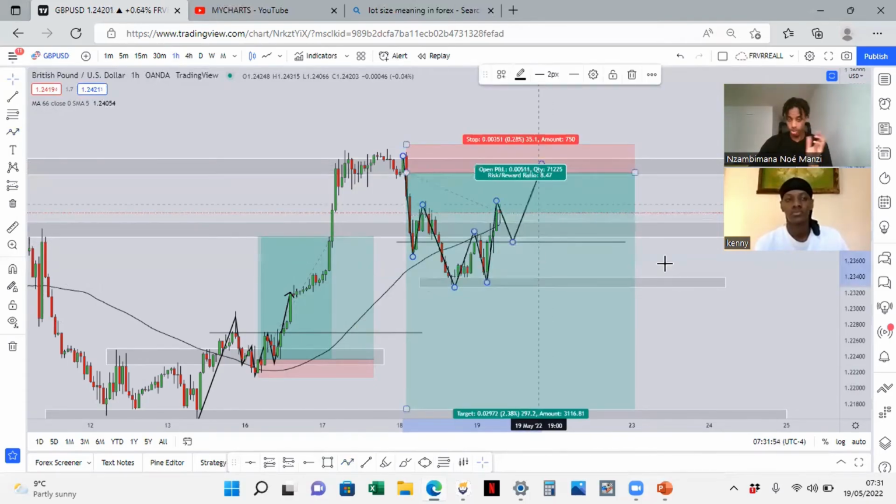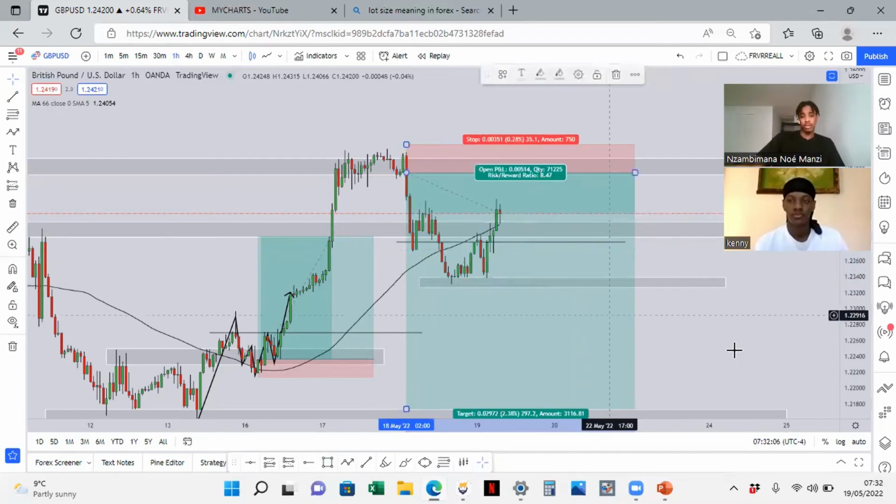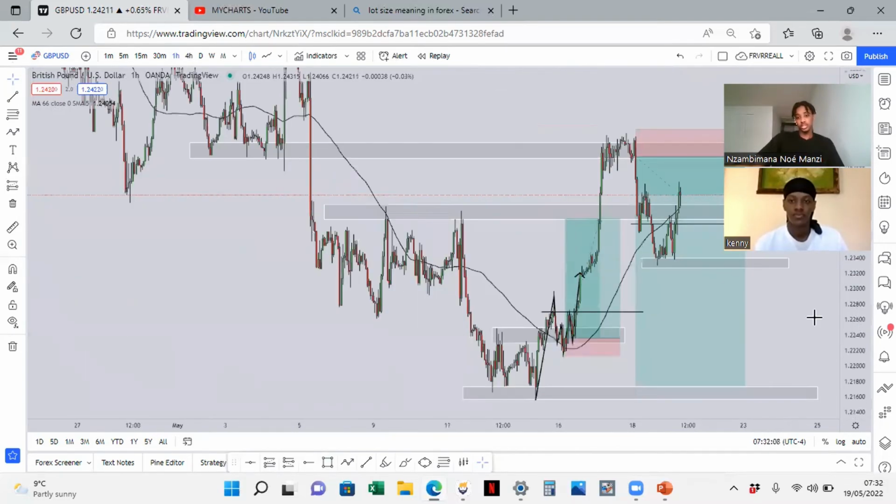You should look to get out of this trade when price starts to reject here and forms this inverted head and shoulder. So yeah, that's pretty much it.